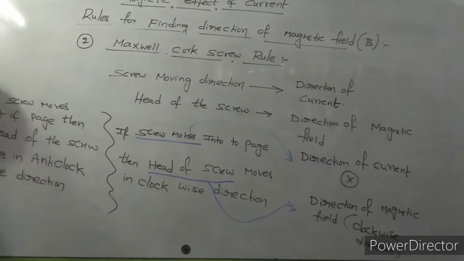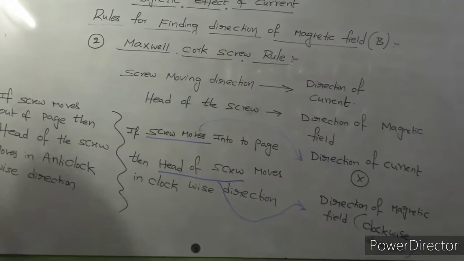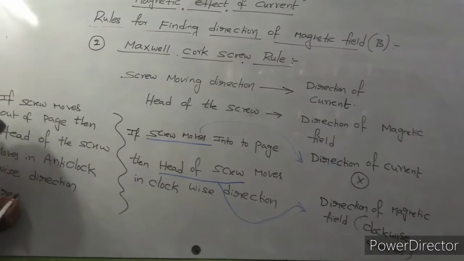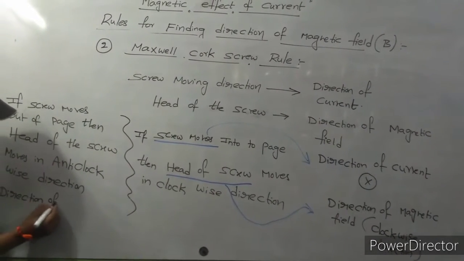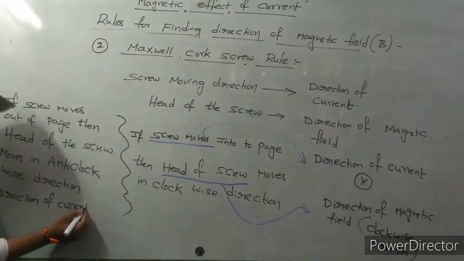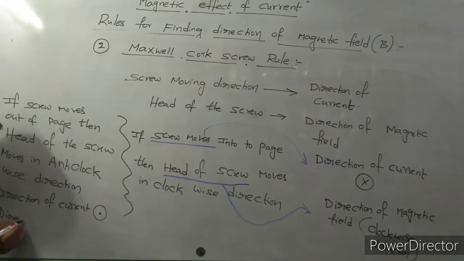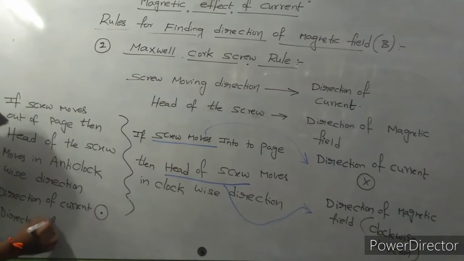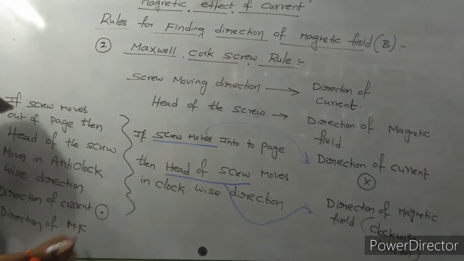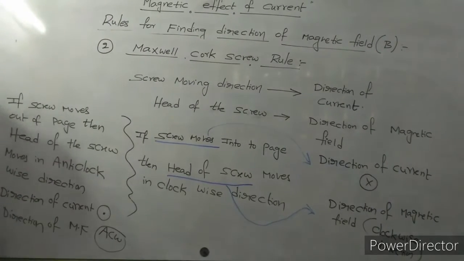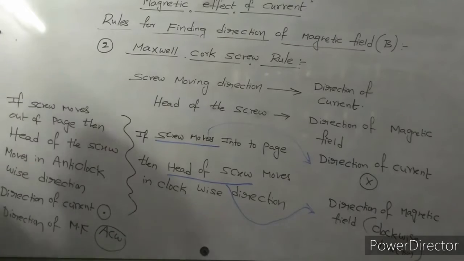Vice versa. So that means here the direction of current is out of the page, and the direction of magnetic field is anti-clockwise.